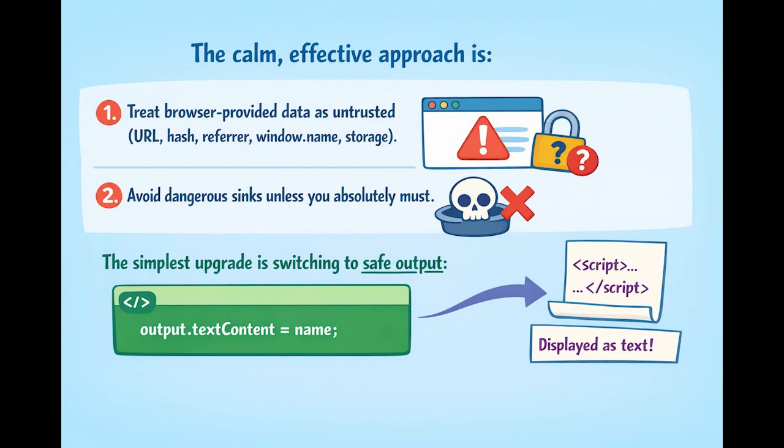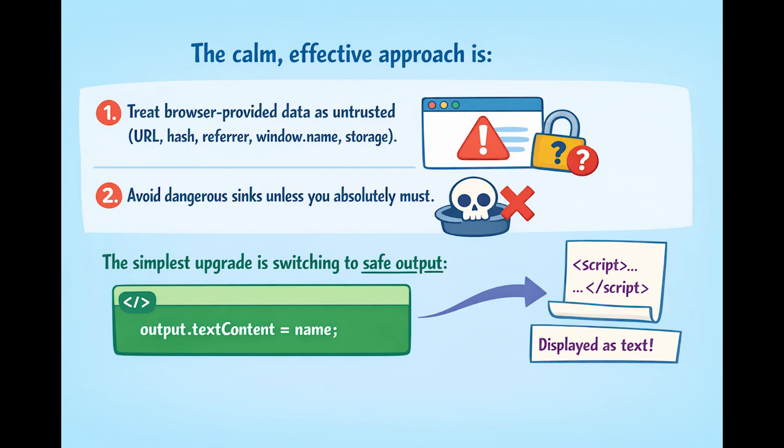How to defend? The calm, effective approach is, one, treat browser-provided data as untrusted, like URL, hash, referrer, window.name, or storage. And two, avoid dangerous sinks unless you absolutely must. The simplest upgrade is switching to safe output like textContent.